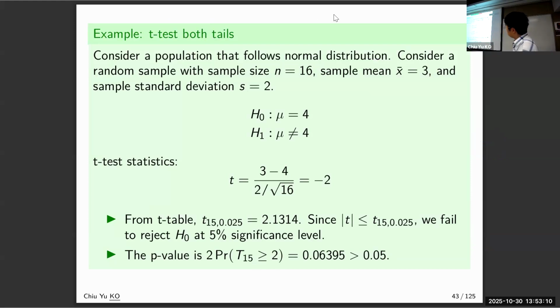So let me do this, and then we'll do the proportion test, and then we'll do the 2 sample. It will be more fun, because 1 sample is used in regression and over, but two sample tests like the A/B test are directly used in business applications all the time, right? So you compare 2 features, the old and new, to see whether the new is better than the old.